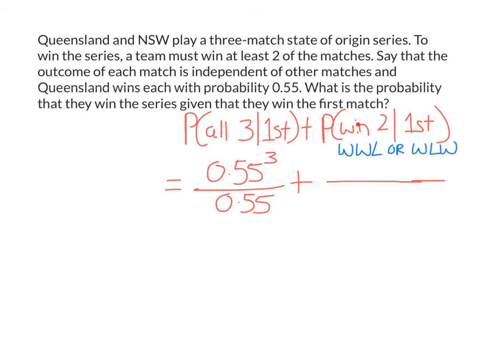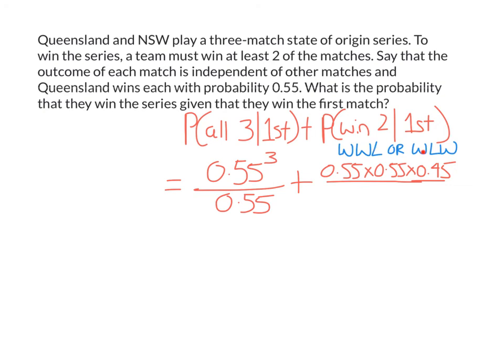The probability of the first one is 0.55 for the first win, times 0.55 for the second win, and the probability that they lose is 0.45. So 0.55 times 0.55 times 0.45.